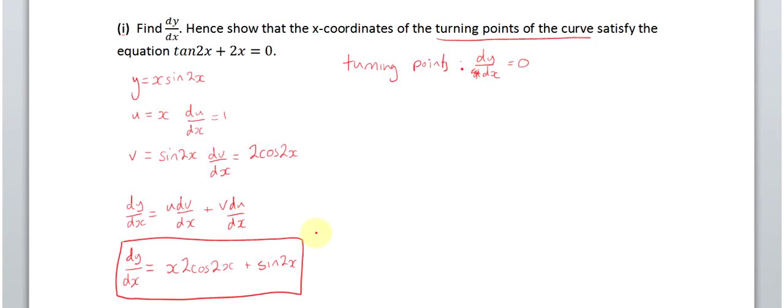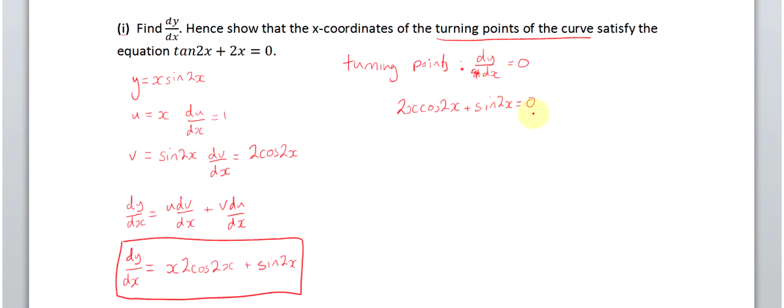So we set this to 0. So we have 2x cos 2x plus sine 2x is equal to 0.